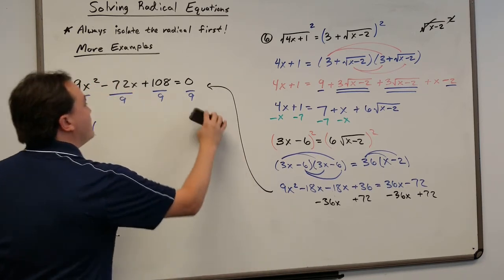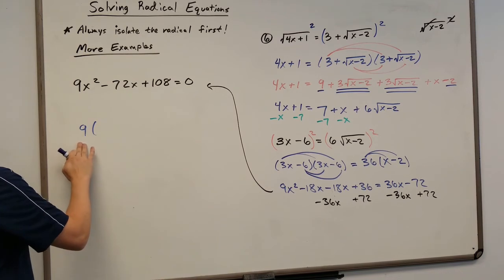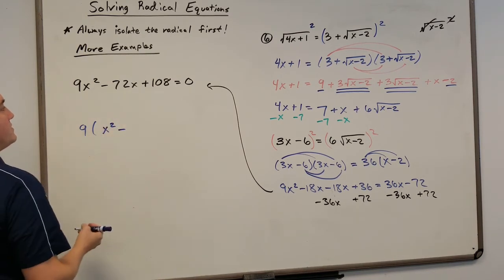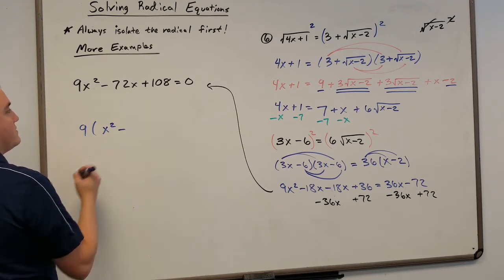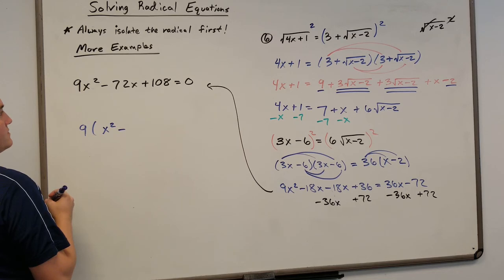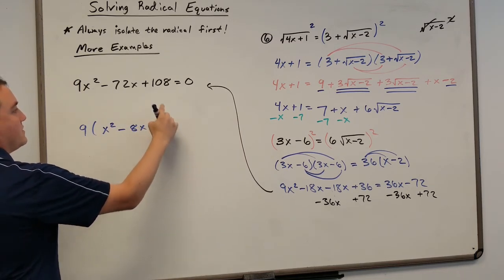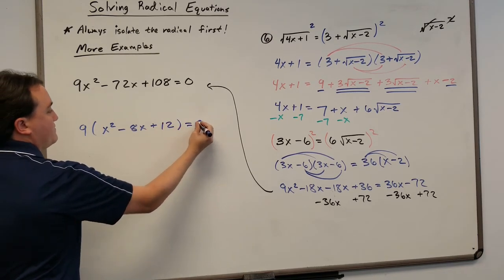We won't think of it as dividing everything by 9. Let's actually factor it. So we have 9, and then we have x squared minus 72 divided by 9 is 8x plus 108 divided by 9 is 12 equals 0.